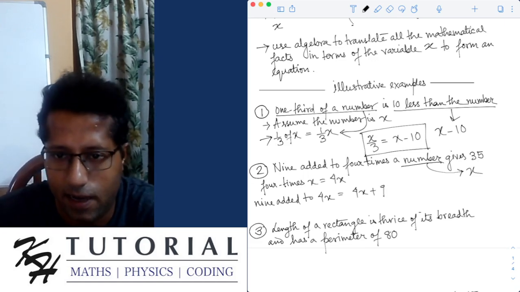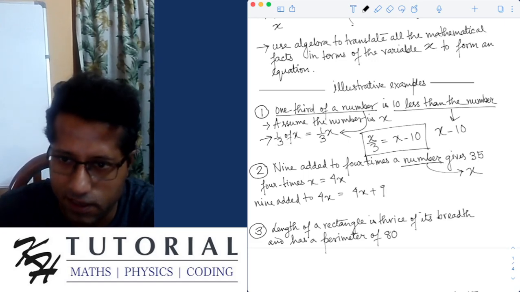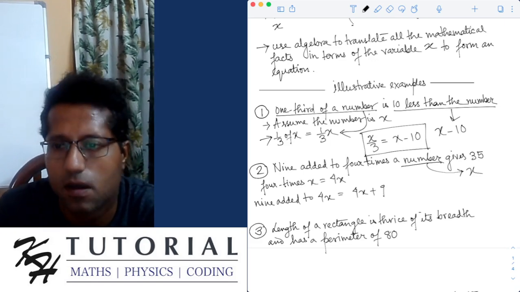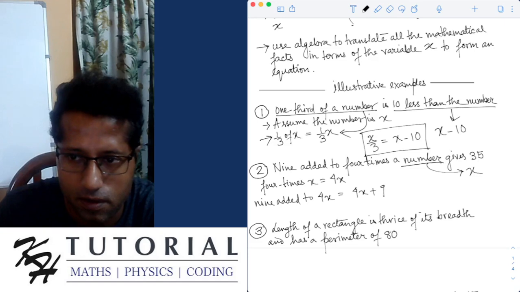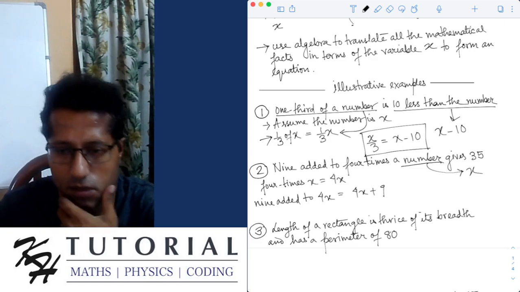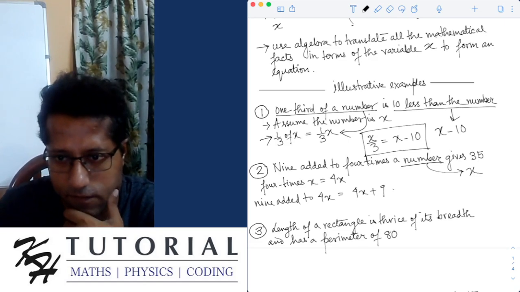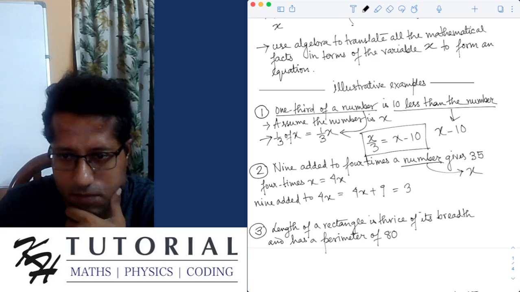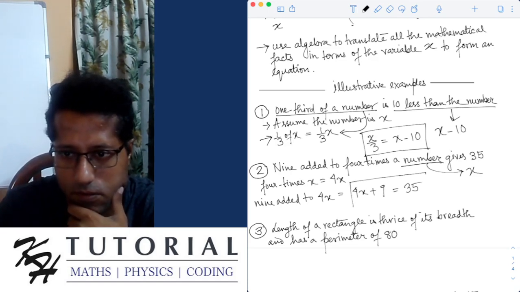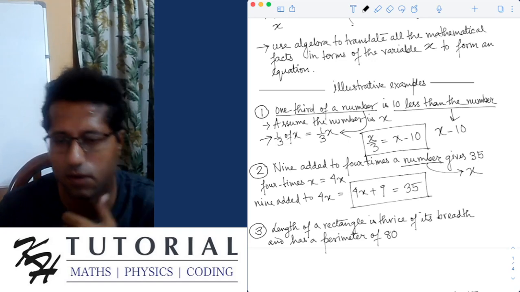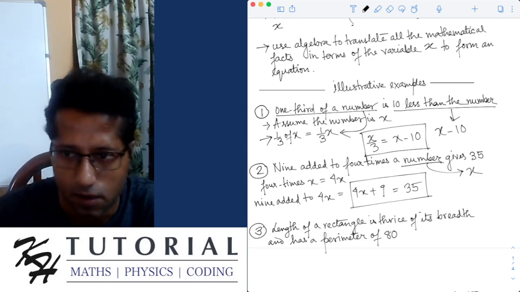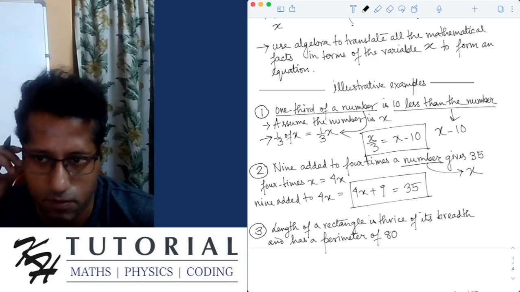It is saying that 9 added to 4 times a number gives 35. This means the result of adding 9 to 4x is 35. So we can say that 4x plus 9 equals 35. So this is the linear equation that we have formed, with one variable, a linear equation in one variable.